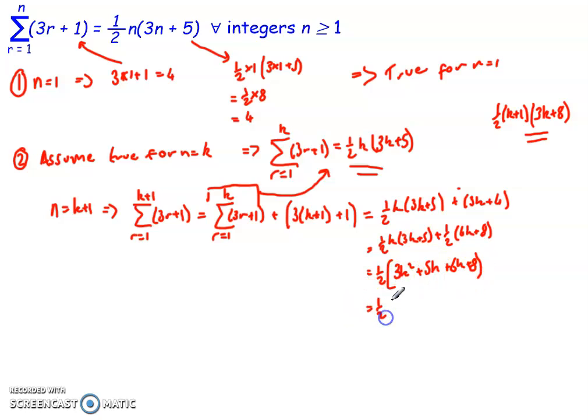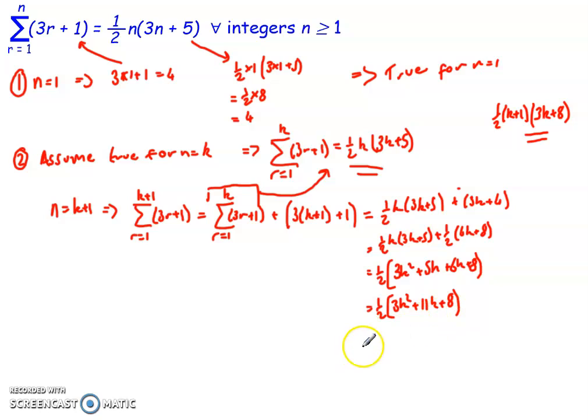I'm then going to have a half. If I simplify this bracket here, I get 3k squared plus 11k plus 8. And what I now have to do is factorise that. If I can factorise it and get it into this form here, then I'm laughing.